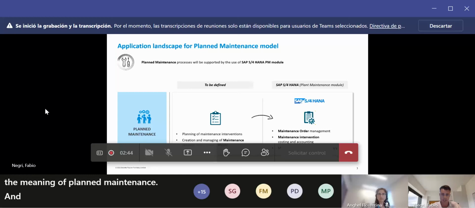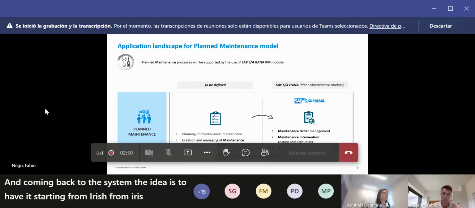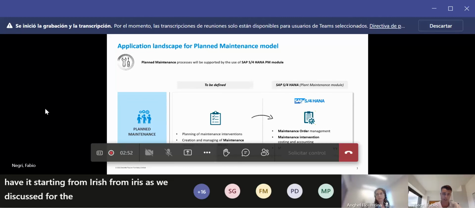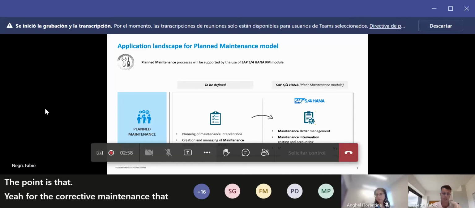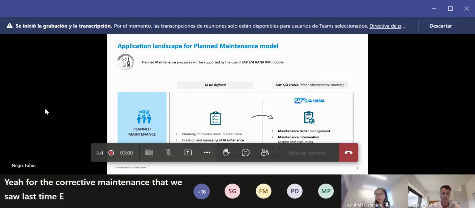Coming back to the system, the idea is to have it starting from Iris, as we discussed for the corrective maintenance. The point is that for the corrective maintenance that we saw last time, Iris already has these features for managing it.